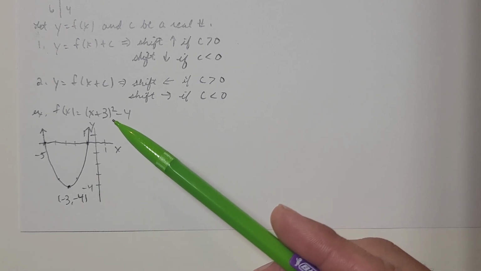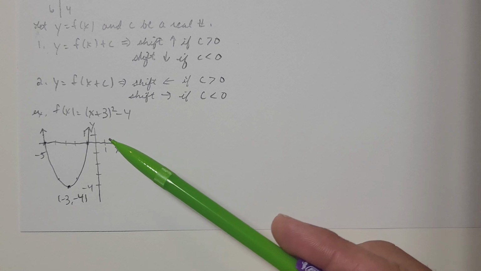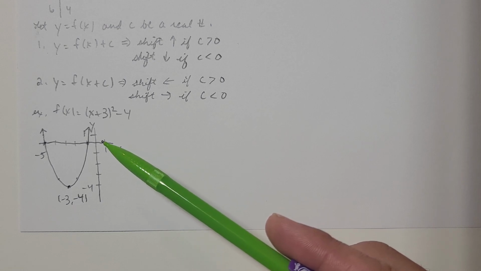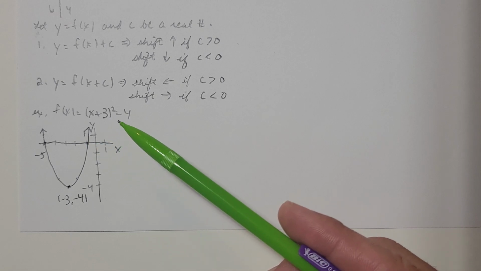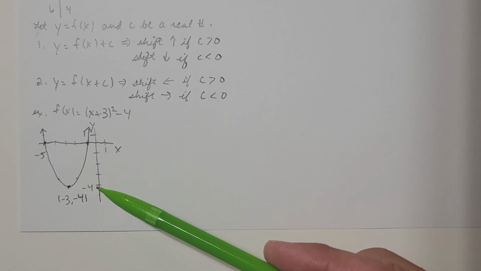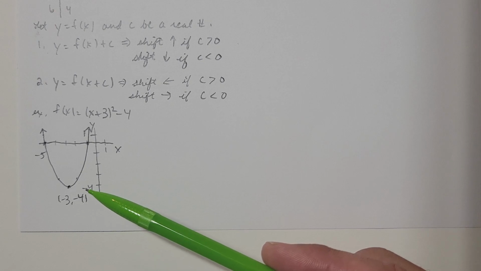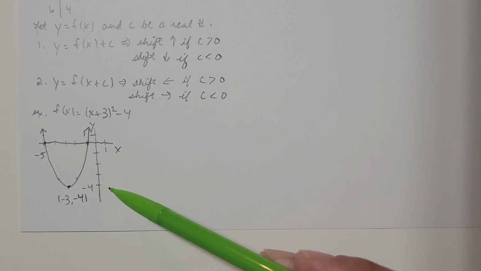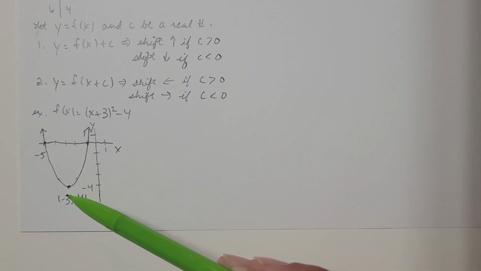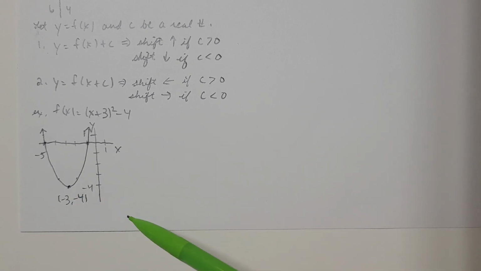The plus 3 means I'm going to take the graph of y equals x squared and go to the left 3 units, and then the minus 4 means I'll go down 4 units. If you're only shifting a graph, it doesn't matter the order that you shift. I could go down 4 and to the left 3, and all those points would still land at the same spot as going to the left 3 and then down 4.